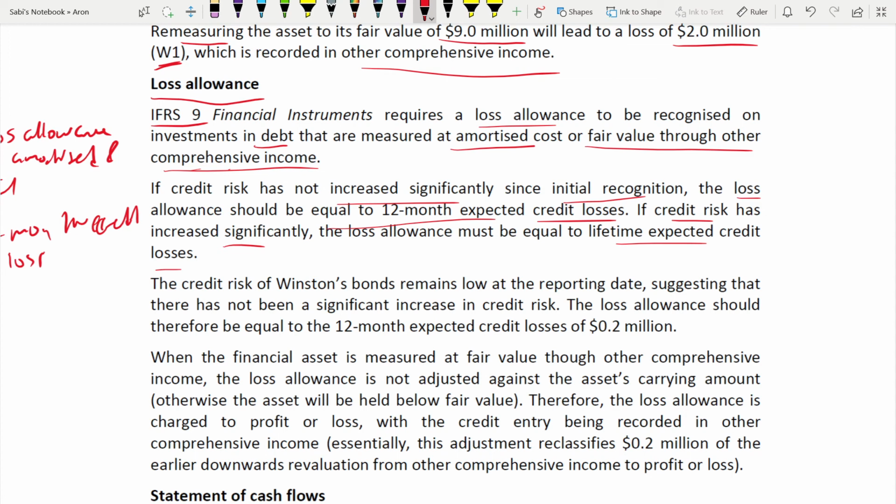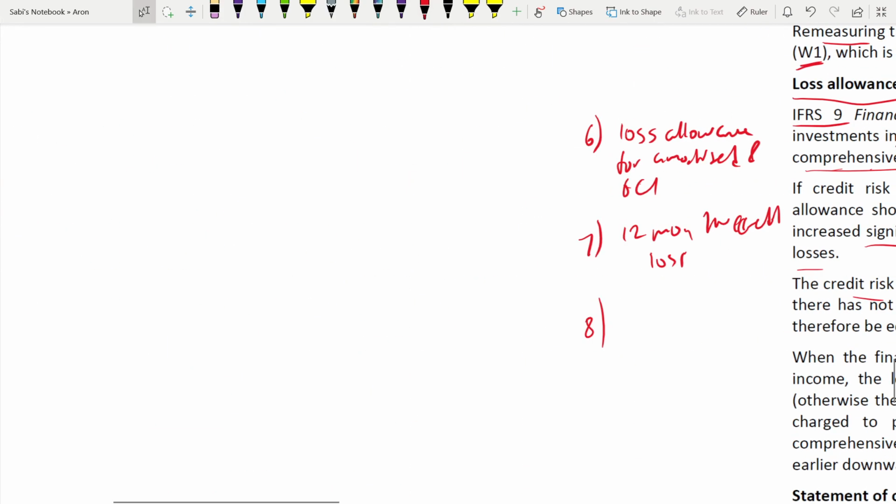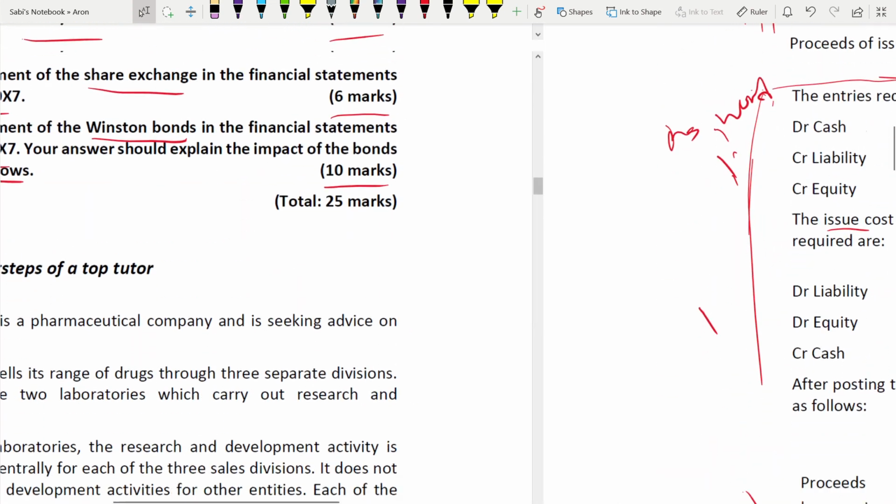So credit risk at the reporting date also remained low, suggesting that there is no increase in credit risk. That means loss allowance should be 0.2. It is already calculated in working one. This 0.2, the 12-month expected credit losses, this loss allowance is already given to you.